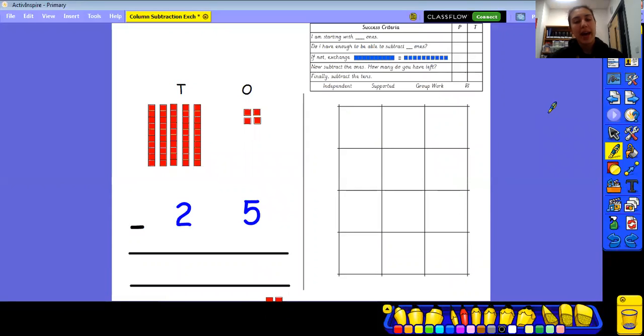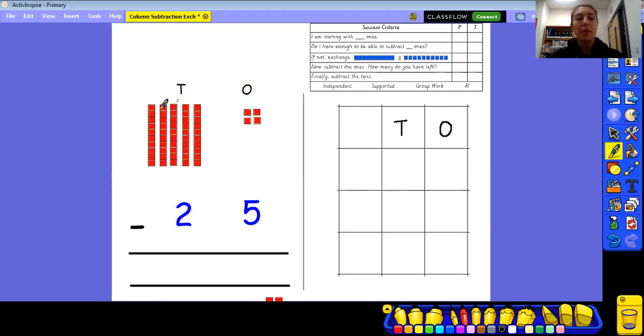So what I'm going to show you now is how we would write this solely in an abstract form. That means without any Dienes. How would this look just with the numbers? So when I'm writing it down, maybe on a piece of paper, or if we were in school in your maths book, I would start with a 10s column and a 1s column.